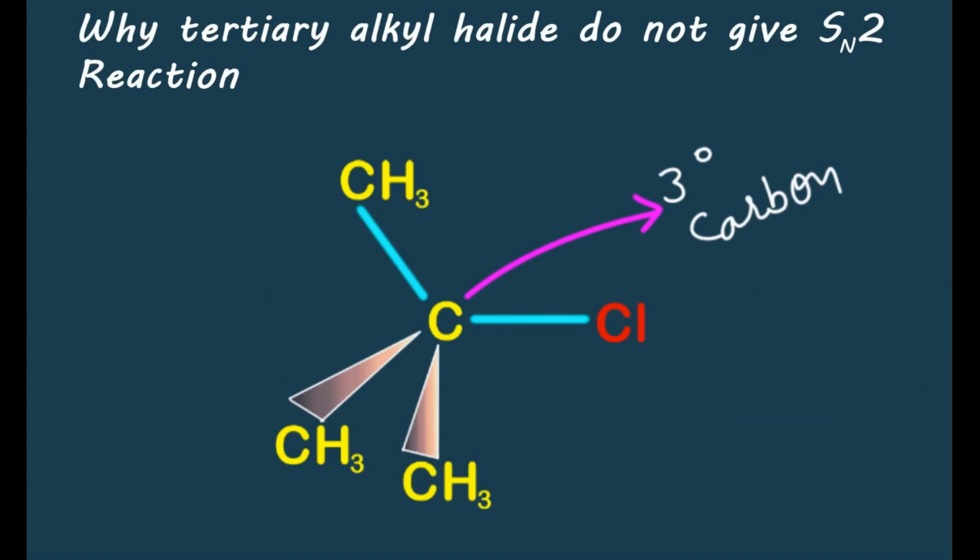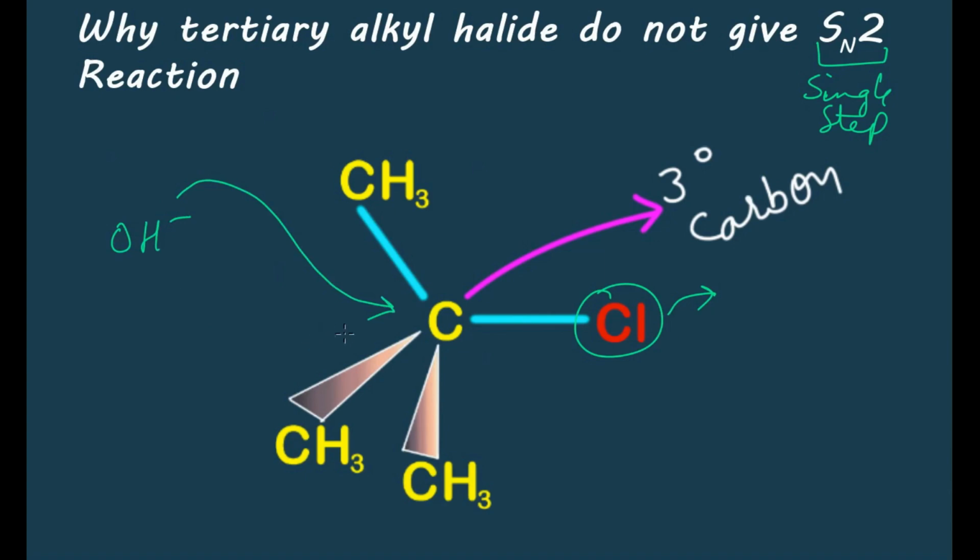Now the question is, why do tertiary alkyl halides not give an Sn2 reaction? The answer is, we know that the Sn2 reaction is a single step reaction, and the leaving group leaves after the attack of the incoming nucleophile. The nucleophile attacks the carbon, and then the leaving group starts to leave, right? This is the process.